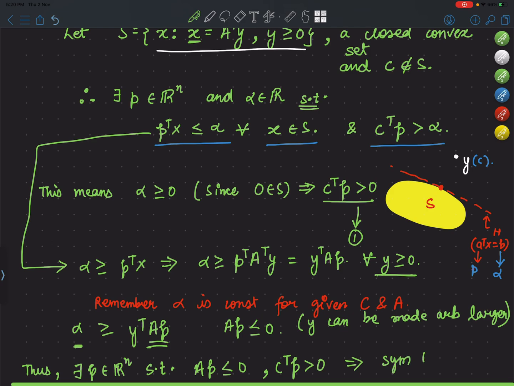So system 1 has a solution. Basically we assumed system 2 does not have a solution, and we have proven system 1 has a solution. If you have any question in this proof, you can ask me, because this is very important. Try to go through it once and you'll get a better understanding. I'll share the notes with you.